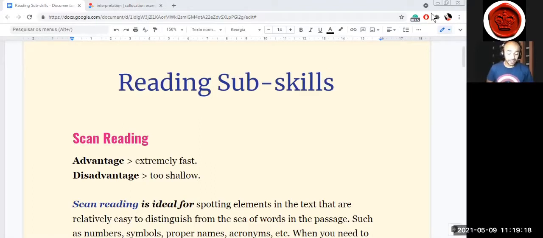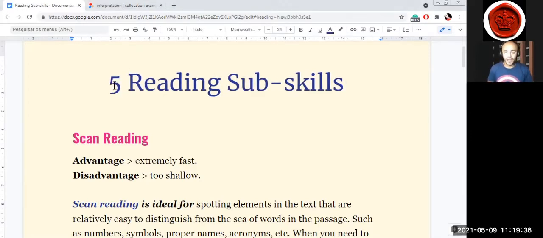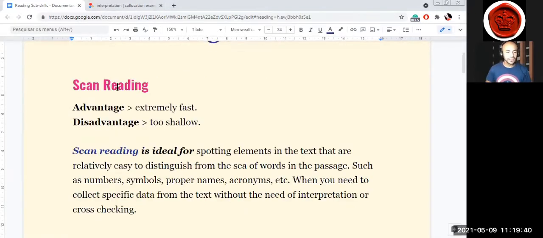Because the questions in the IELTS reading test are extremely focused on your capacity to manage strategically the use of these 5 reading sub-skills. We're always going to talk about 5 reading sub-skills. And technically, reading sub-skills are divided into 2 groups.